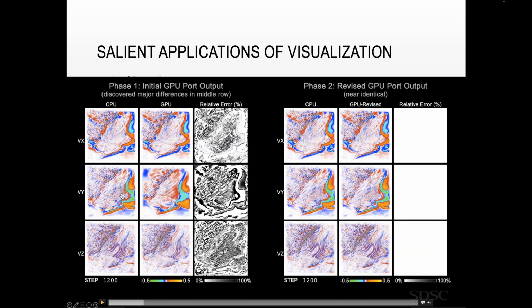But if you look at Vy, that's quite different. The overall structure is similar, but the local areas are not similar at all. So you see quite a bit of variability between the CPU and GPU simulations. And if you look at the relative errors plotted in the third column, the areas marked as white are more or less the same, but the black ones are the ones to worry about.